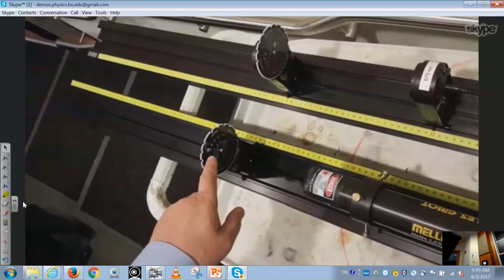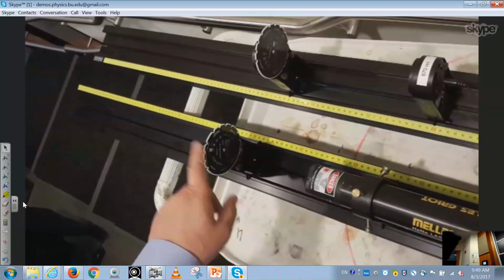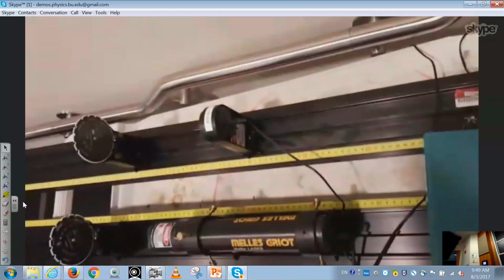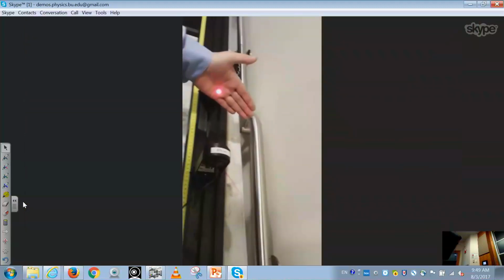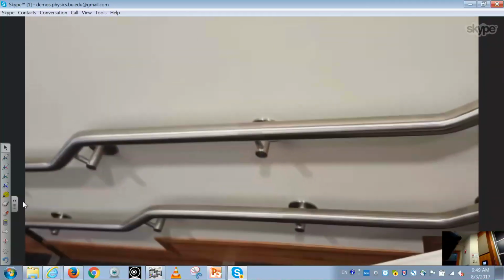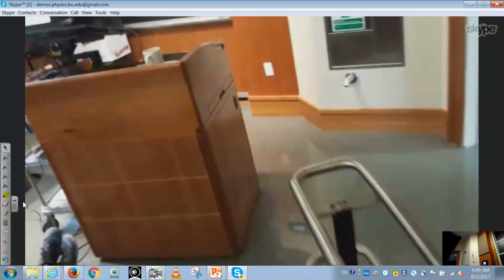So we will see the difference in the pattern, of course, on the screen. And first, of course, I need to turn it on. Okay, there's light here. There's light there. Now I need to aim it at the screen. And now, okay, I already see them.